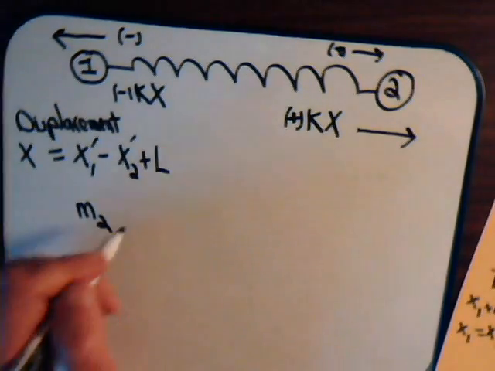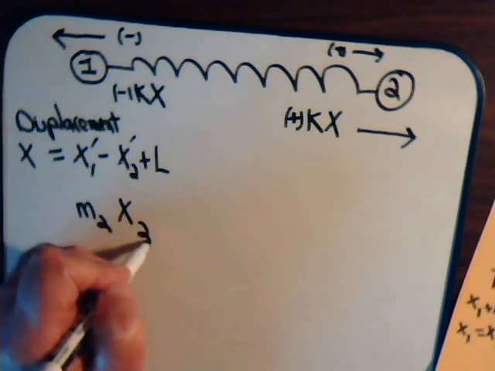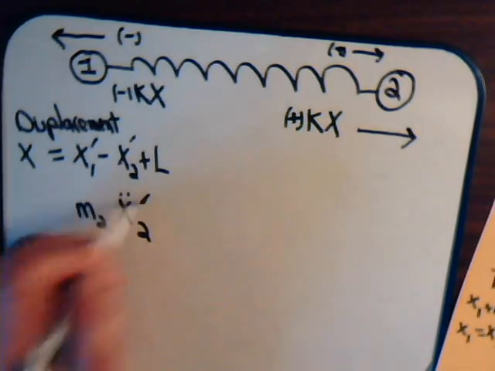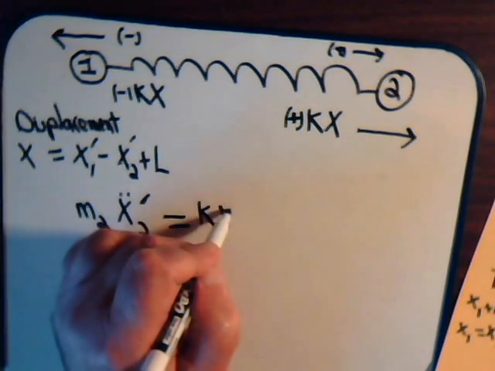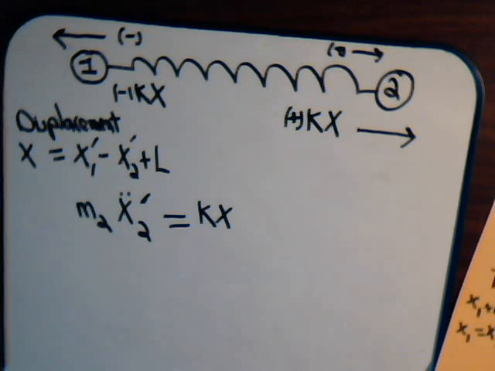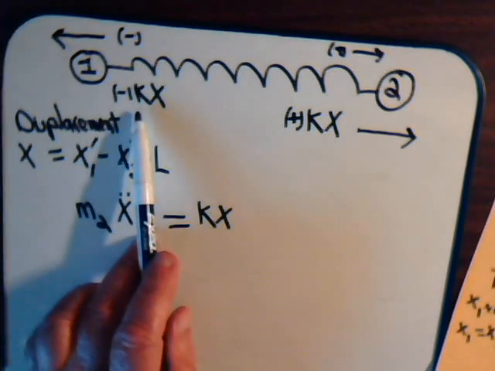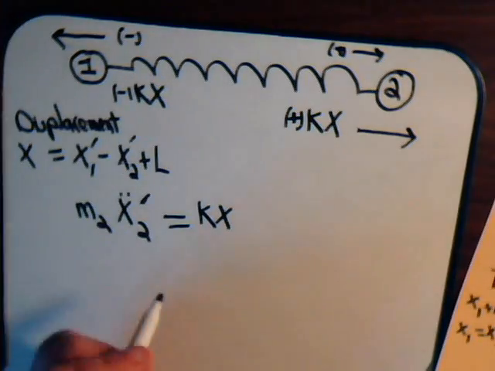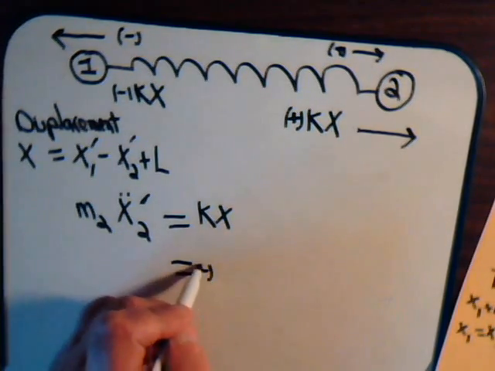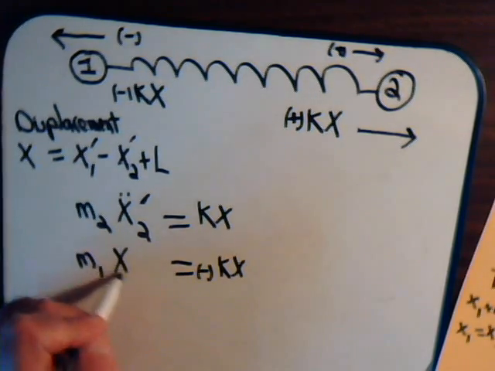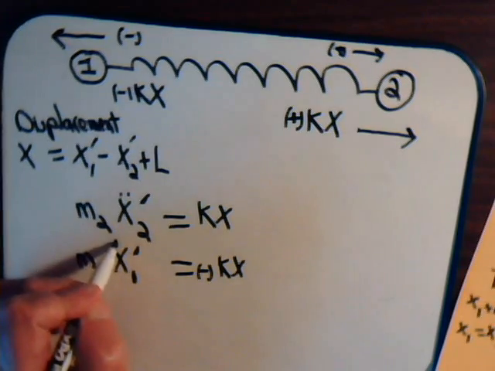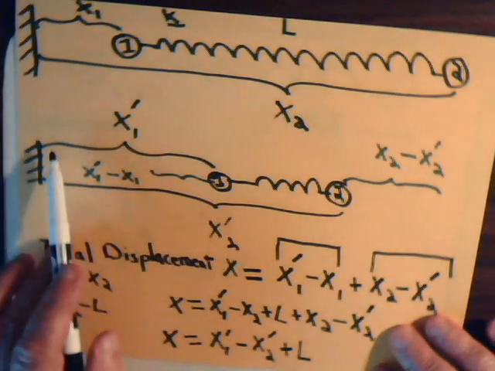So we have m2 x2 double prime equals plus kx. And likewise for block 1, the force acting on it now is minus kx, because it's pushing to the left in the negative direction. And that equals the mass of block 1 multiplied by its acceleration, and that is the second derivative of x1 prime.